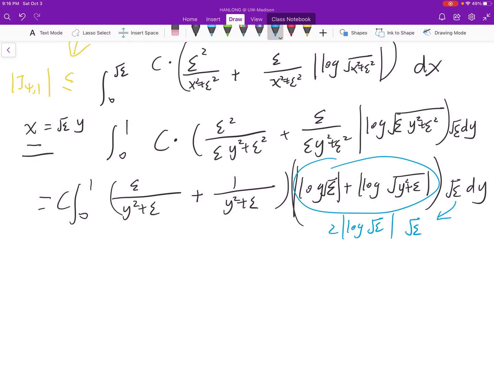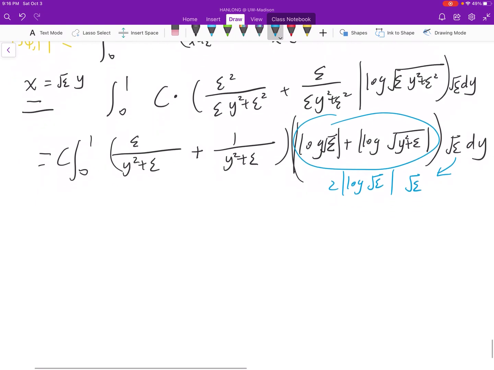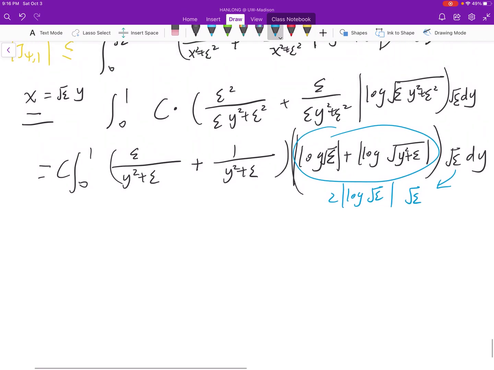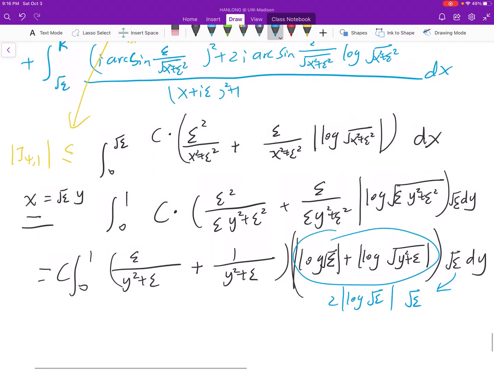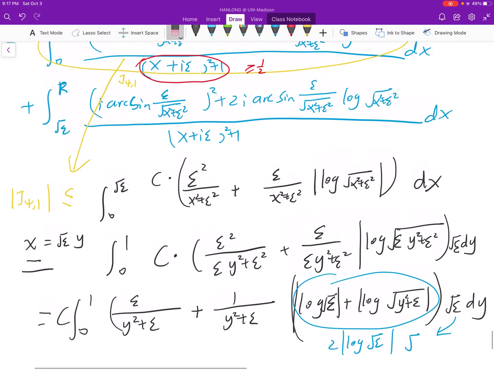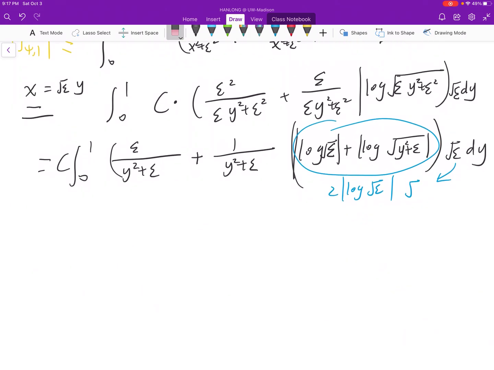Okay, and for this part, of course this is bounded by, did I make some mistake? Okay, yeah, I see, these two are together.